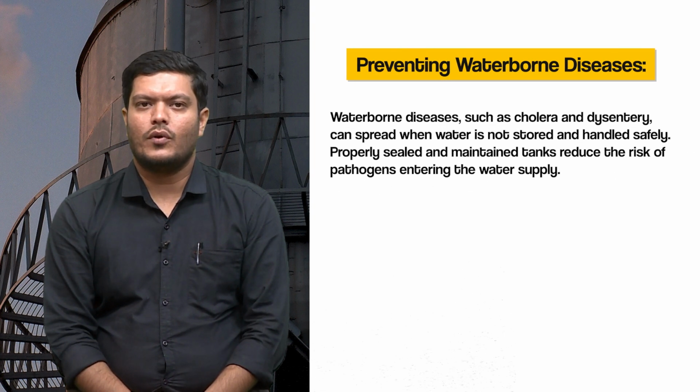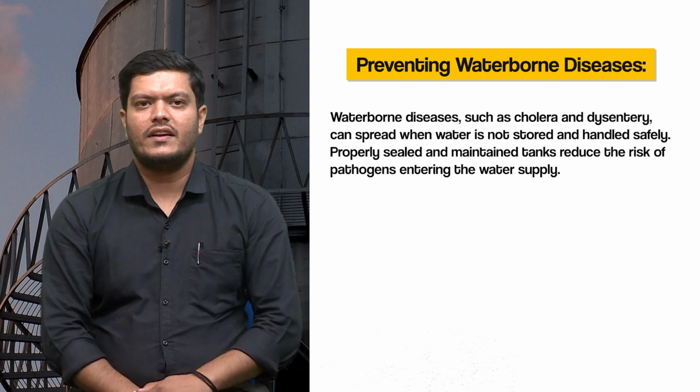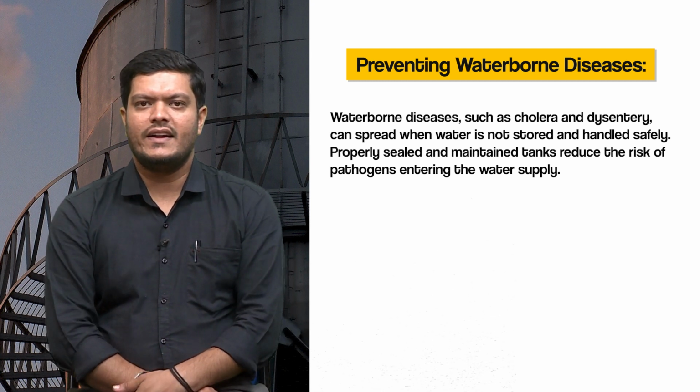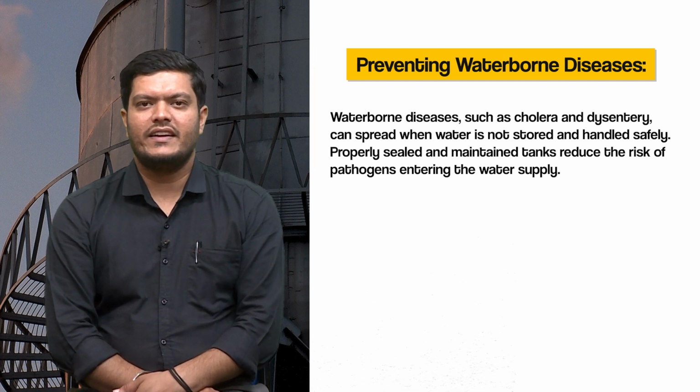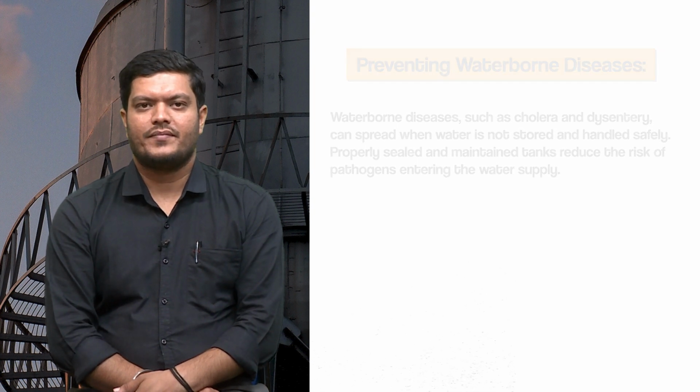Preventing waterborne disease. Waterborne diseases such as cholera and dysentery can spread when water is not stored and handled safely. Properly sealed and maintained tanks reduce the risk of pathogens entering the water supply.